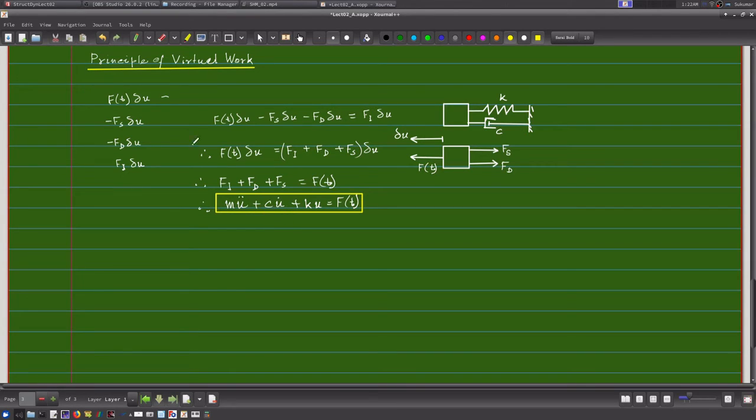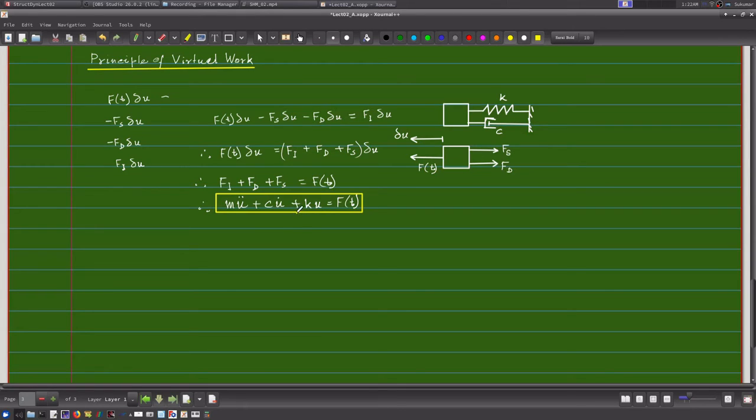The reason is, if I consider the forces, I need to consider them as vectors, but you know that work is a scalar quantity, so by applying the principle of virtual work we can add them algebraically. All the virtual works can be added algebraically instead of by vectorial addition.